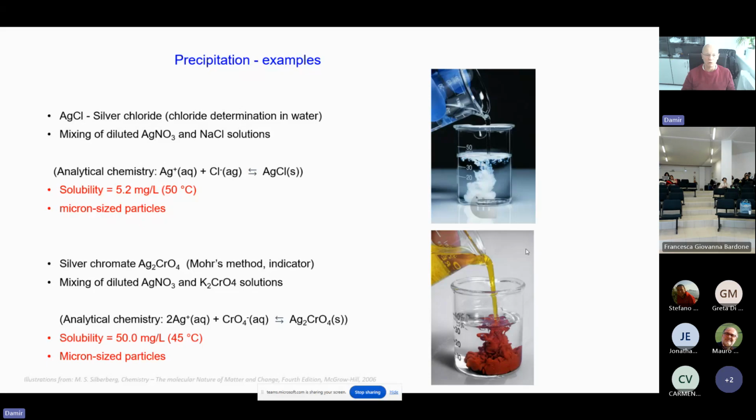A similar example is silver chromate. This is the well-known Mohr method, where silver chromate is used as an indicator. This process starts by mixing diluted silver nitrate solution with potassium chromate. The solubility of this precipitate, which will appear immediately, is also relatively low. It is about 50 milligrams per liter, and the particles are extremely small. They are of micron size.